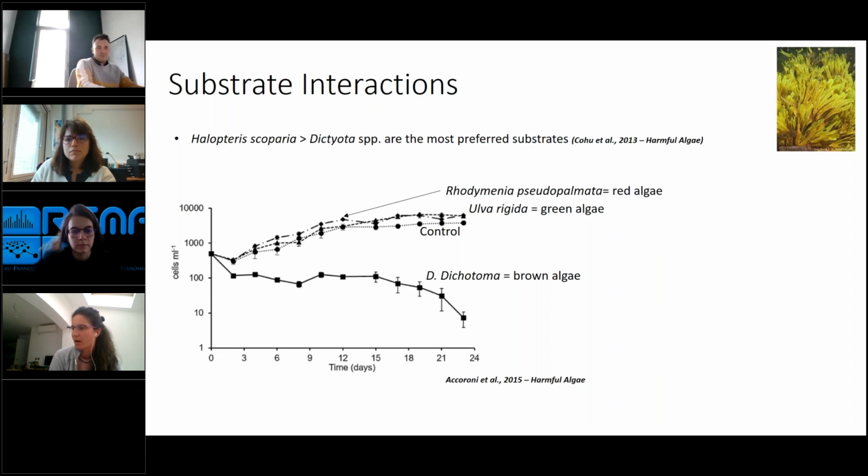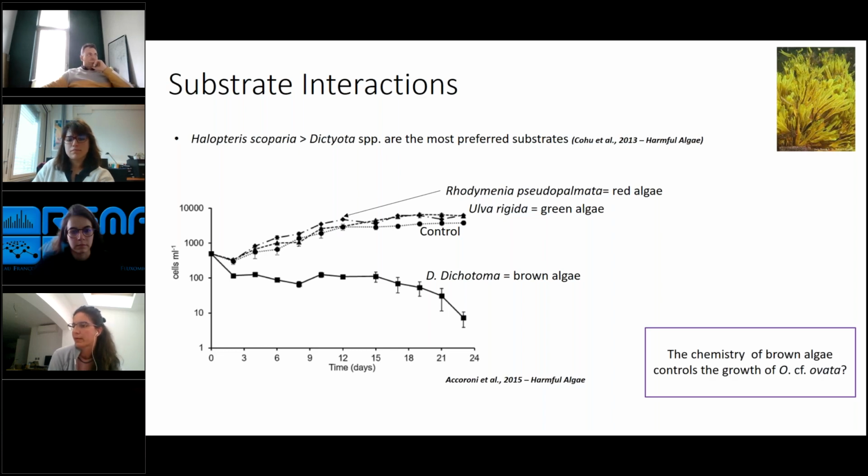But on the other side, another study showed that when testing allelochemical interactions between algae and Ostreopsis, the brown algae Dictyota dichotoma was inducing growth inhibition, a decrease in cell abundance, whereas other algae like red and green algae were not producing that effect. So we were wondering in the first place whether the chemistry of brown algae could control the growth of Ostreopsis ovata.